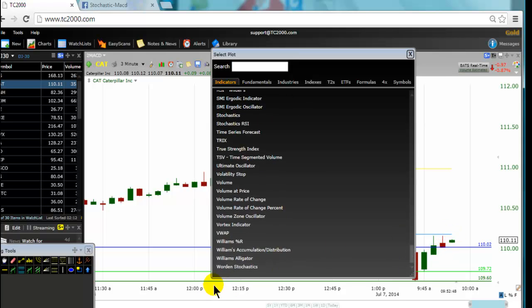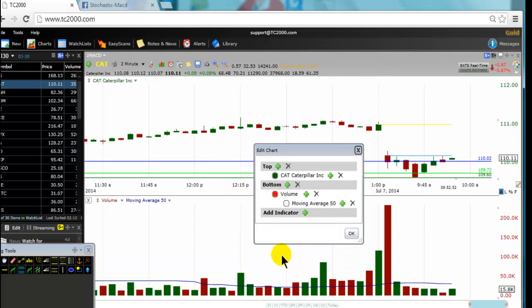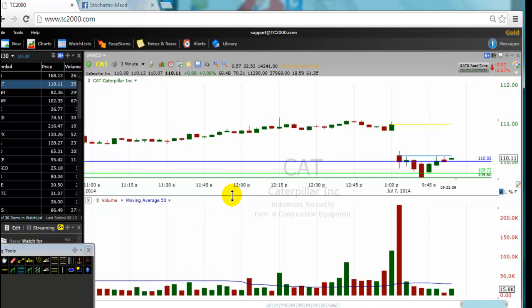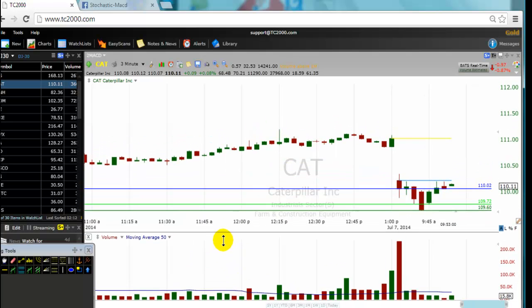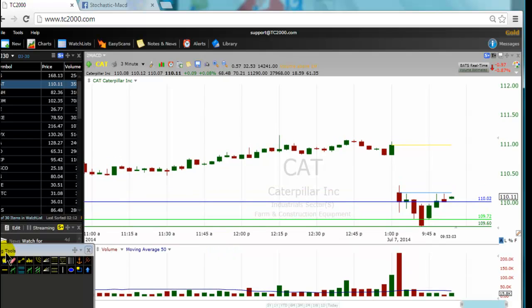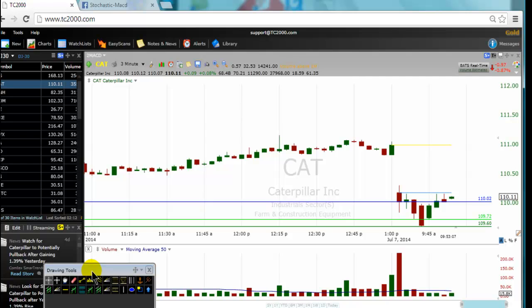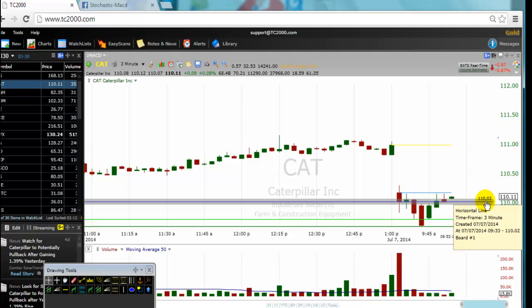Because I'm trading a stock, it's great to have the volume bar on my chart. For traders that are trading forex, we don't have a volume bar. So use instead MACD or something else, all right? Or use TSTW24. So here we are, my entry point 110.02.